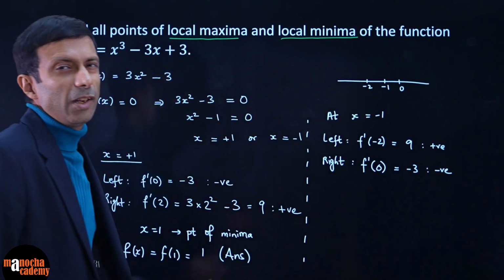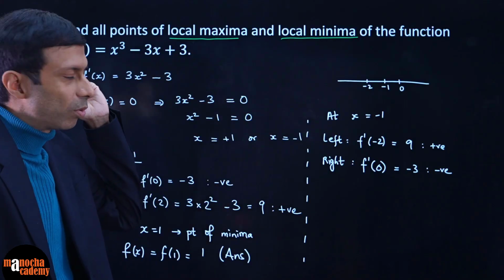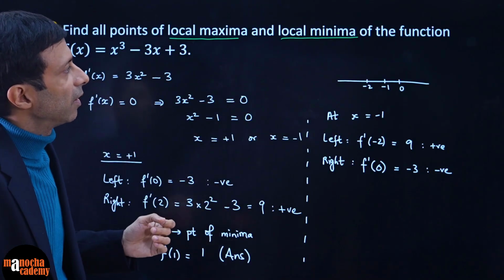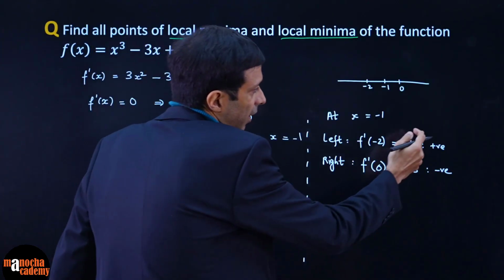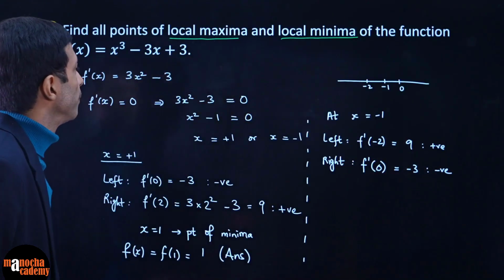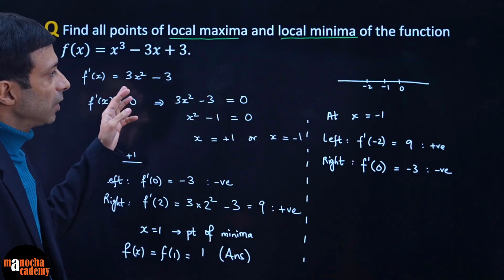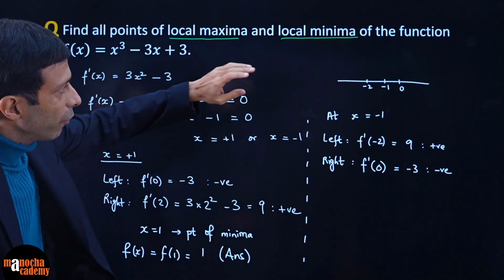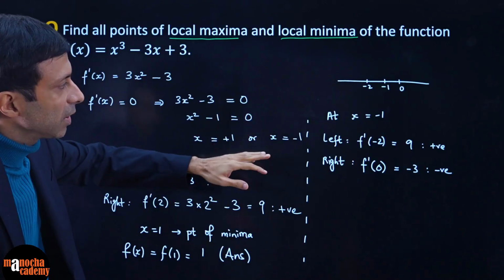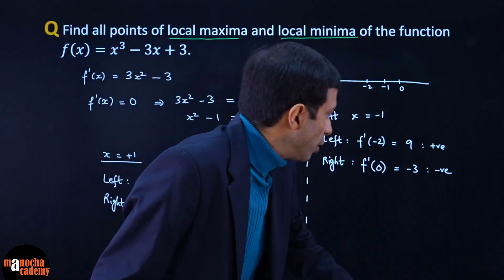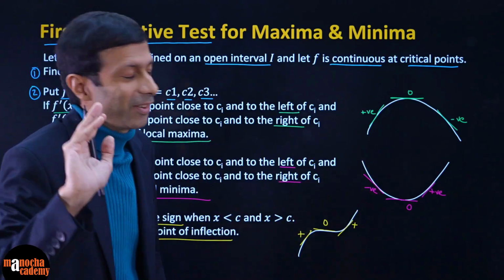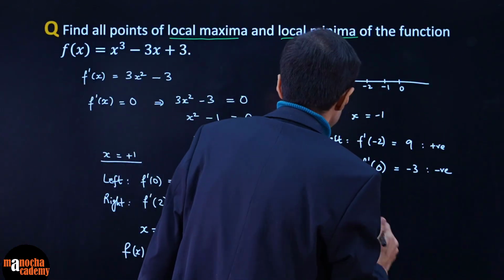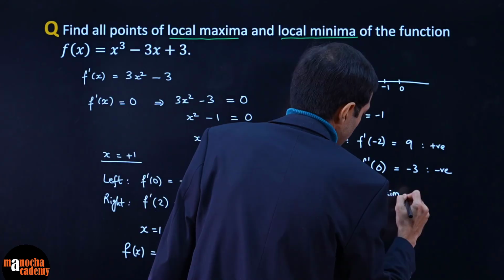Ideally we should be taking small values, so you should be taking minus half over there. So then we got positive, then negative, and you can see that if f dash is moving from positive to negative, it's clearly a point of maxima. Very clear? Okay. So this should be a point of maxima.